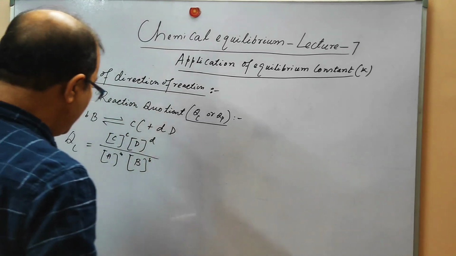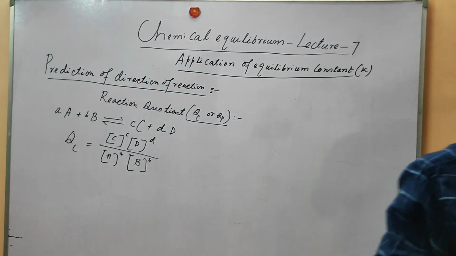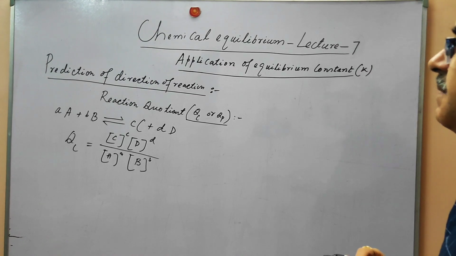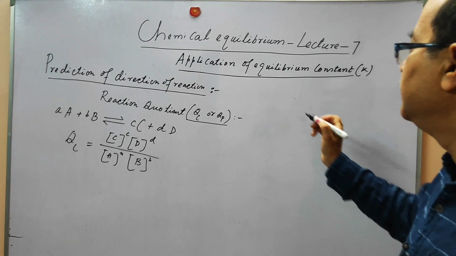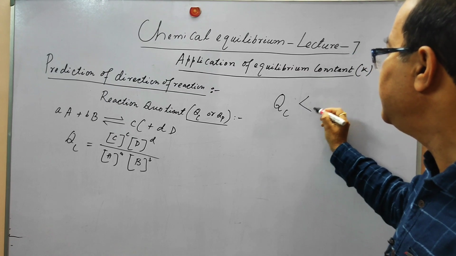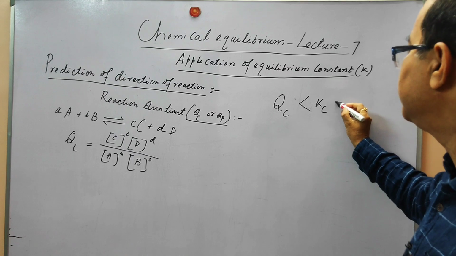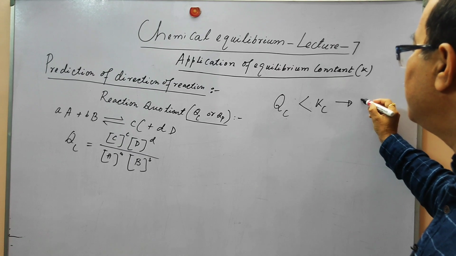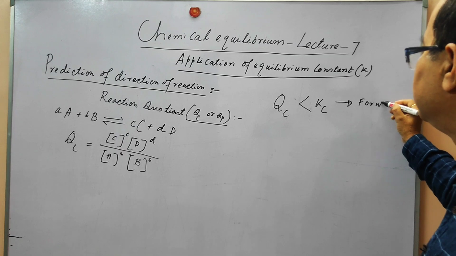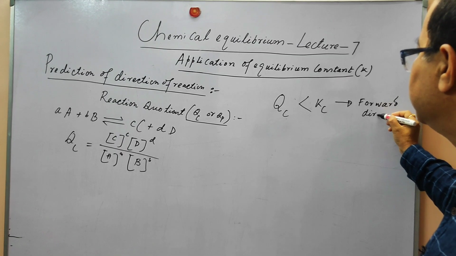Now what is the relation between the prediction of the direction of reaction and this quotient? It is said that when Qc is less than Kc, the equilibrium constant, then the reaction goes in the forward direction.